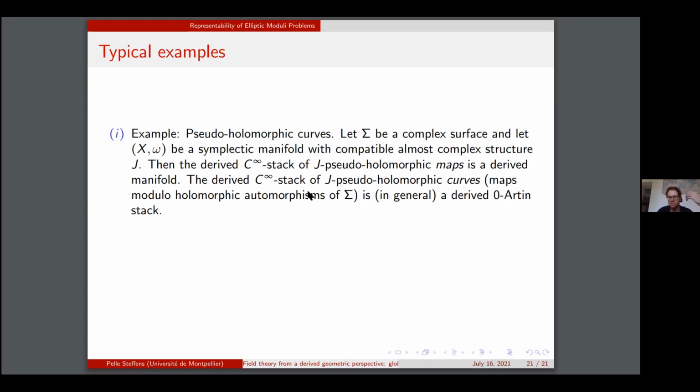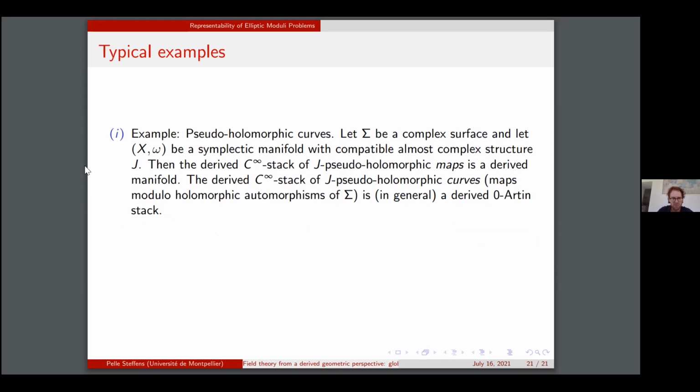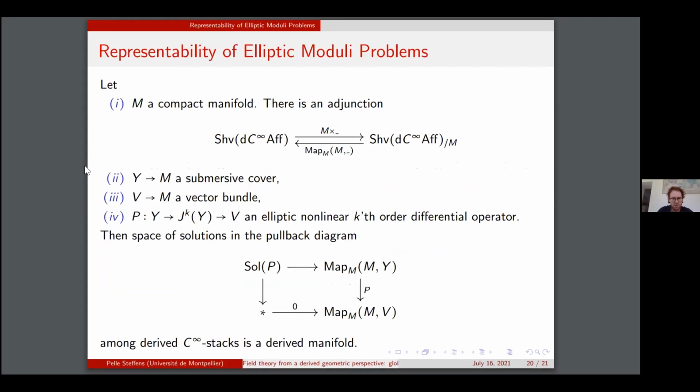By definition, such bases are derived zero-Artin stacks. So if you do gauge theory, so one example, say anti-self-dual connections on a Riemannian 4-manifold, you notice that this does not quite fall into the setup that I described here, because there's no mention of any group acting here, but the representability result still holds.